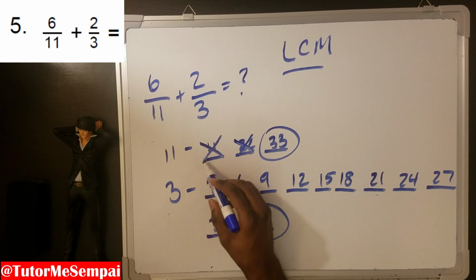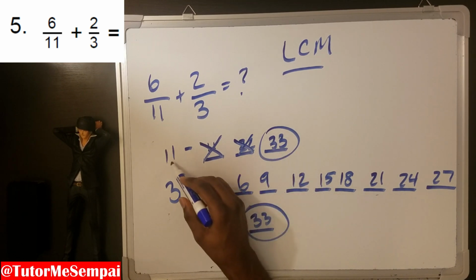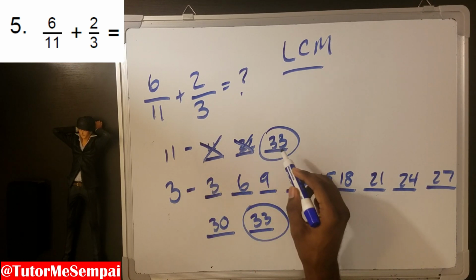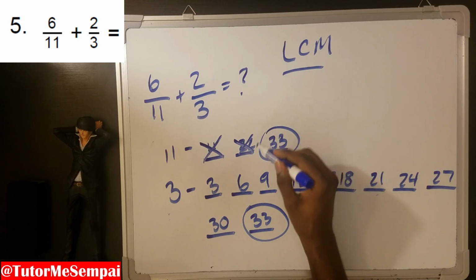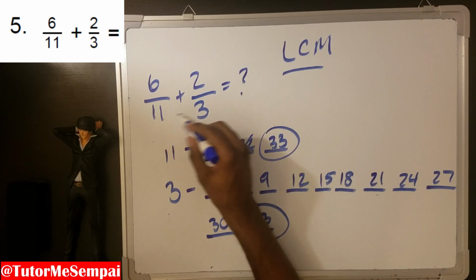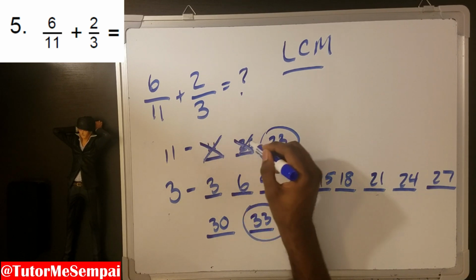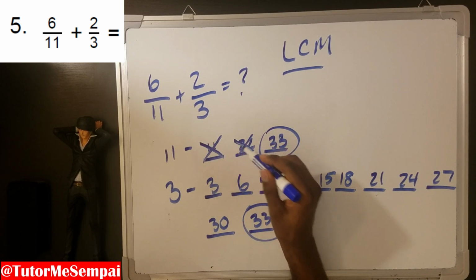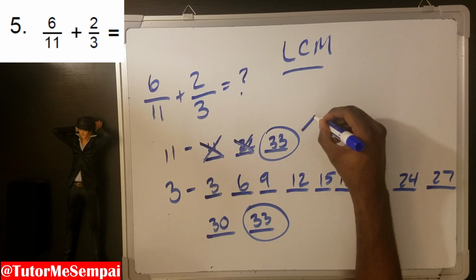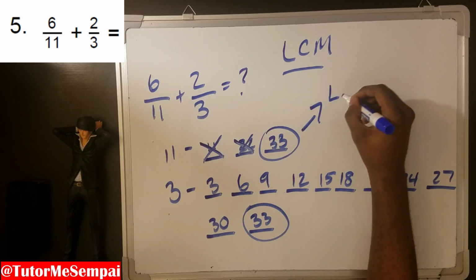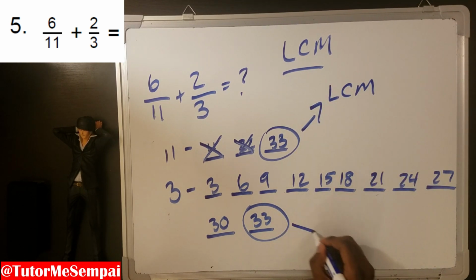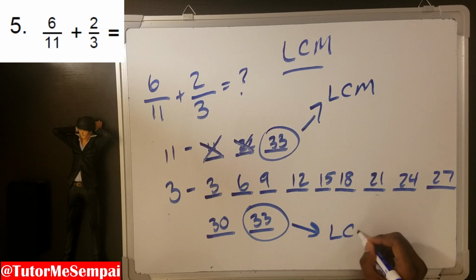So if the first three multiples of 11 are 11, 22, and 33, and we know that we definitely have 33 because that's the result of multiplying the two denominators, but we don't have anything smaller for 11, that means this is the least common multiple for both of these numbers.